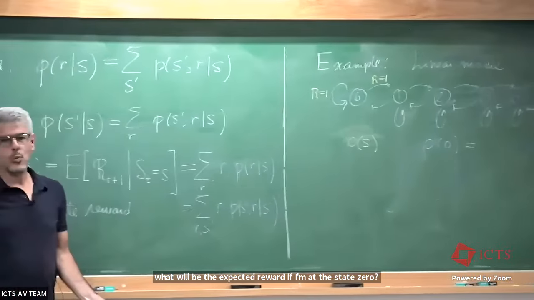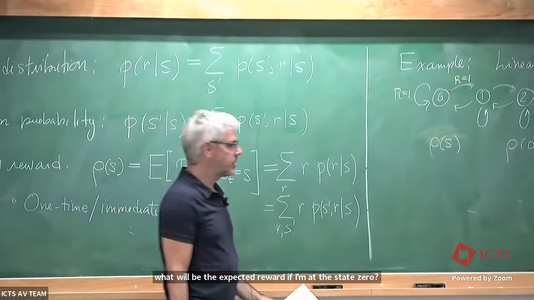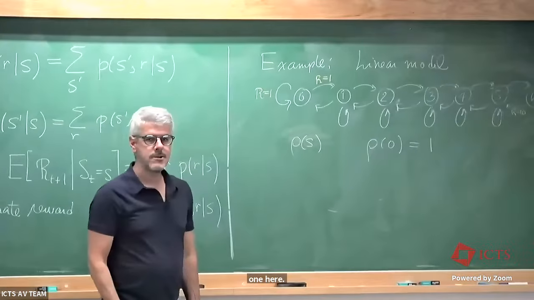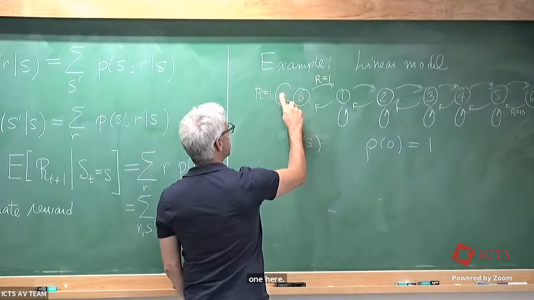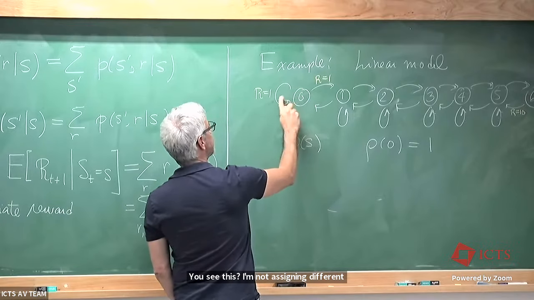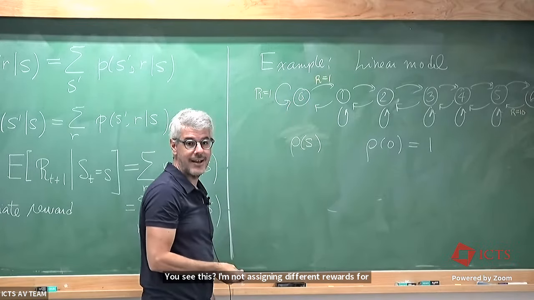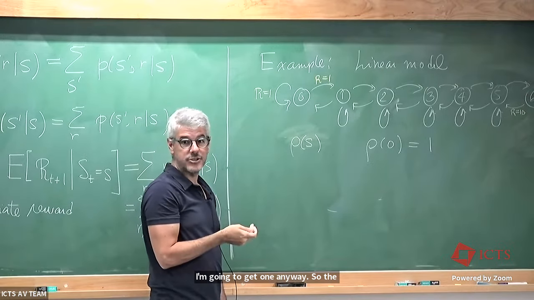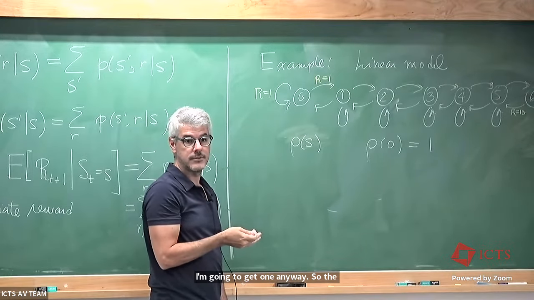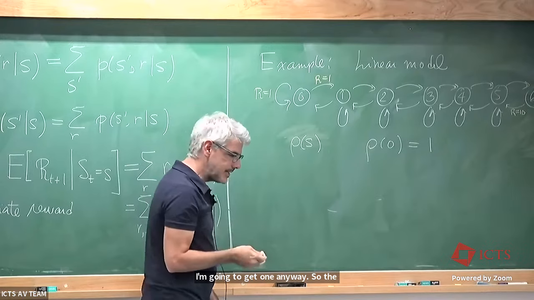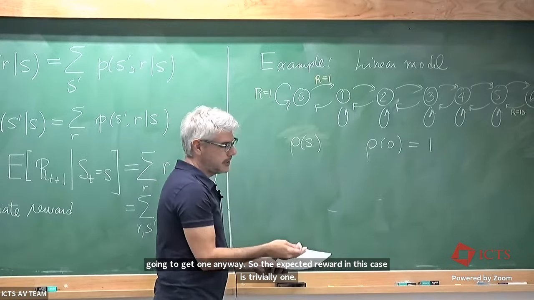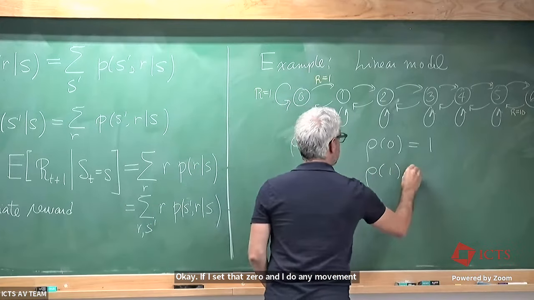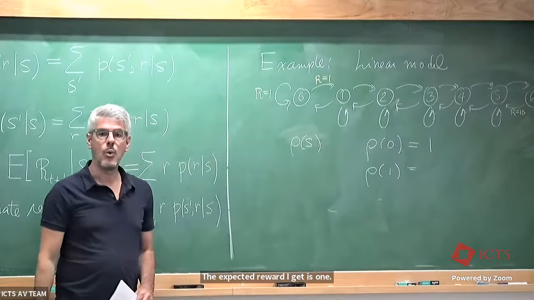I get 1 whatever I do, right? So this is going to be 1 here. You see this? I'm not assigning different rewards for the two transitions. So regardless of the probabilities that these two transitions will have, I'm going to get 1 anyway. So the expected reward in this case is trivially 1. Okay? If I sit at 0 and I do any movement, the expected reward I get is 1. What will be the expected reward if I'm in the state 1?